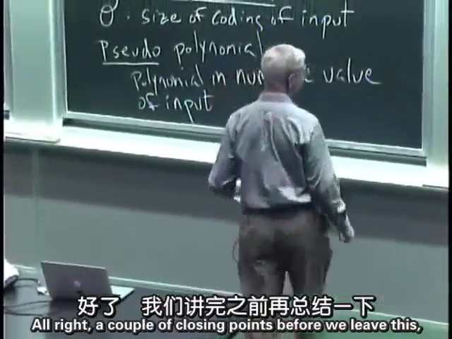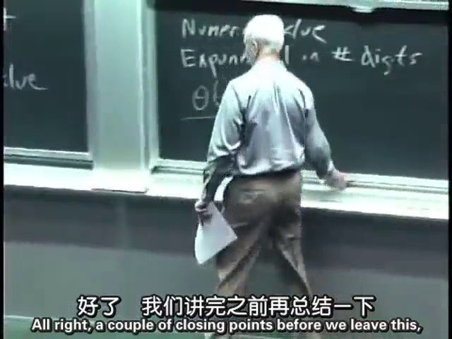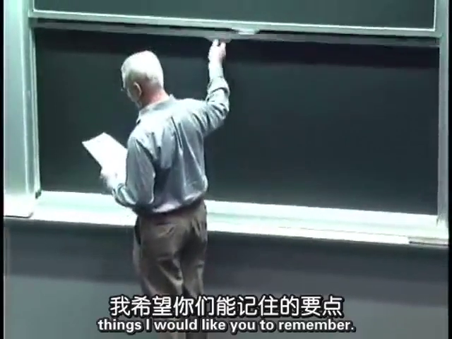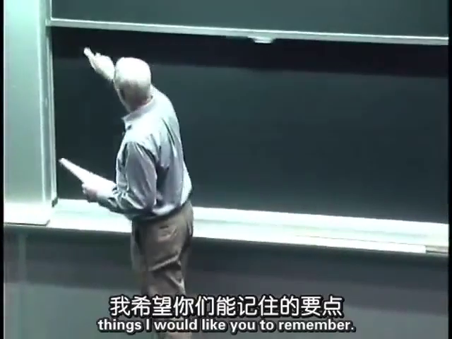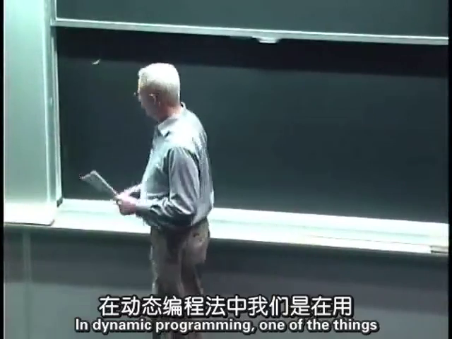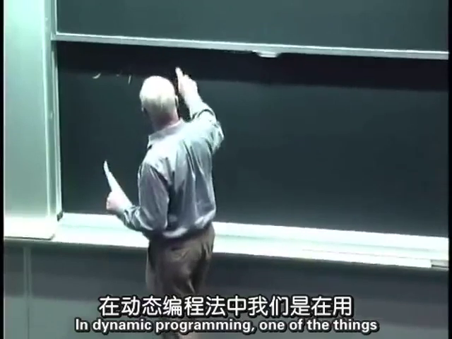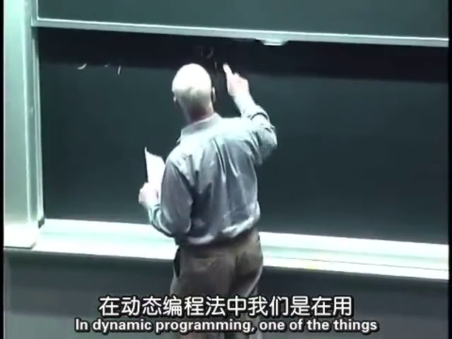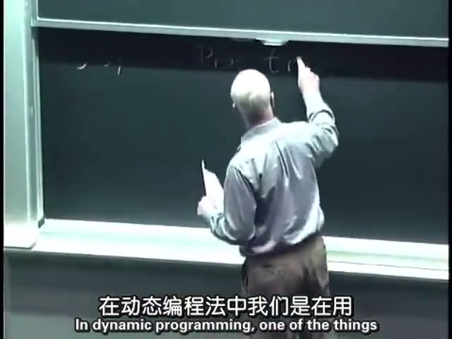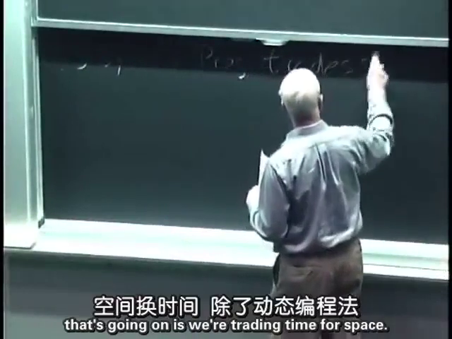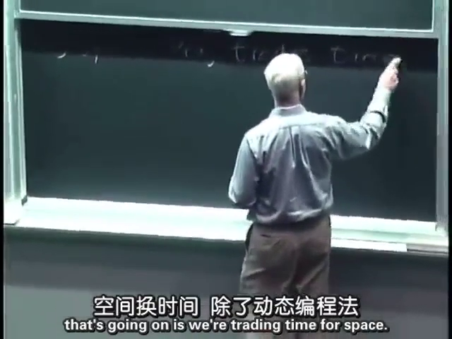All right, a couple of closing points before we leave this. Things I would like you to remember. In dynamic programming, one of the things that's going on is we're trading time for space.